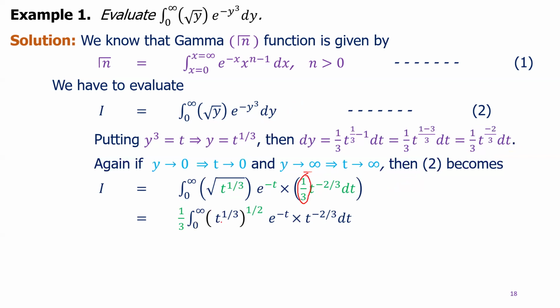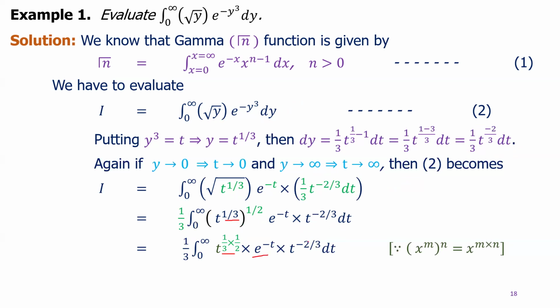Next, t to the power 1 by 3 whole to the power, because it is a root sign, so it is whole to the power 1 by 2. e to the power minus t into t to the power minus 2 by 3 dt. t to the power 1 by 2 into 1 by 3, that is t to the power 1 by 6, and t to the power minus 2 by 3 into e to the power minus t. t to the power 1 by 6 minus 2 by 3.